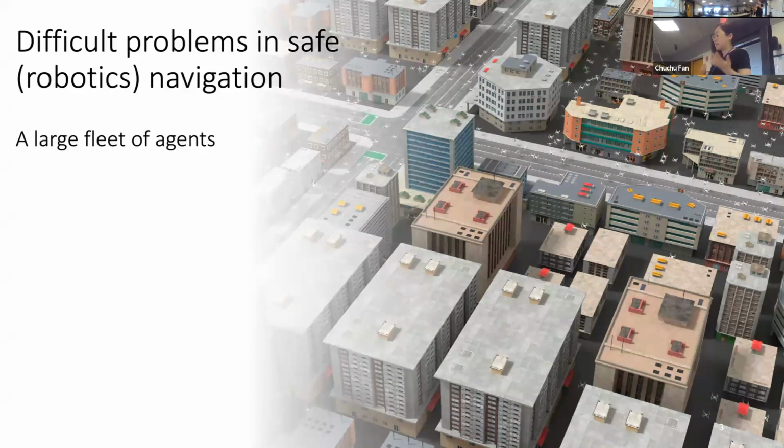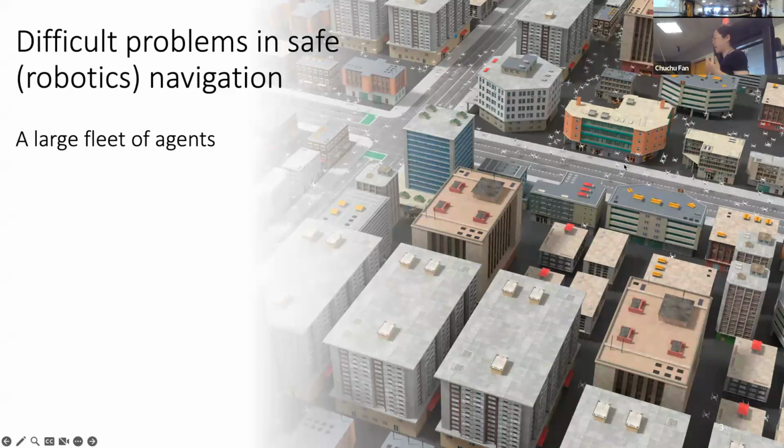For example, how can we simultaneously control a super large fleet of agents? So in this background is one of the simulation environments that we have developed. You can see it's like a city, like Cambridge type, but it's a virtual city. And these tiny white dots here are the drones.